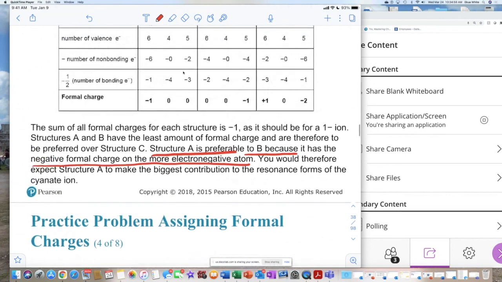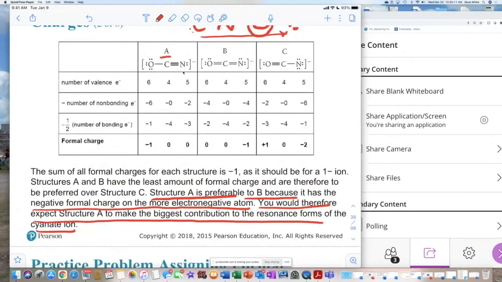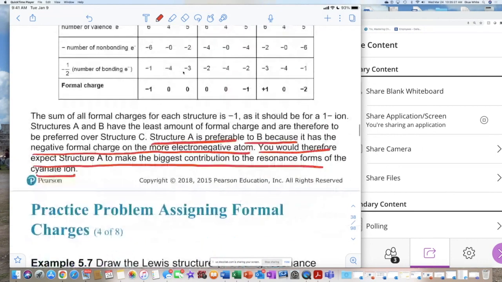So you should expect A to make the biggest contribution to the resonance forms of the cyanate ion. A, B, and C all contribute to the overall structure of the cyanate ion. Because A is the best structure of the three, A will make the most contribution to the final structure.